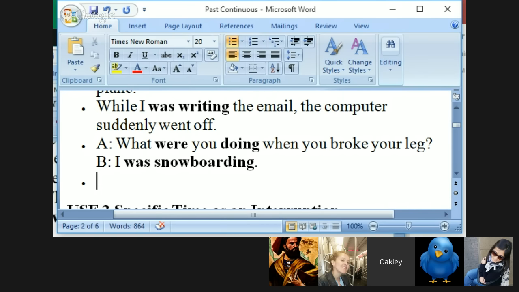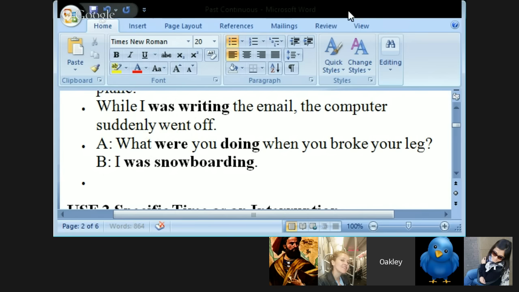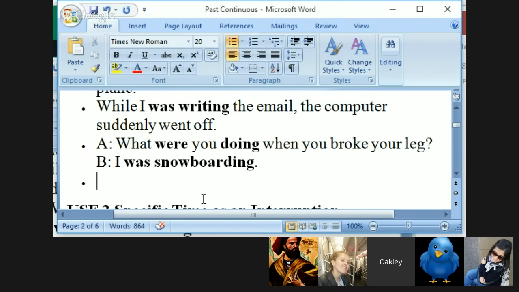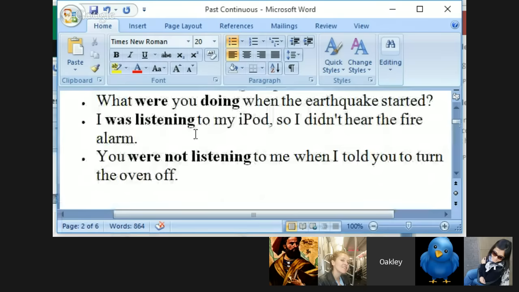Let's try this out. Nader, at your will, go ahead and create a sentence in the chat box if you would like to, and I'll get to it when I get to it. Rebecca, let me talk to you for a second. Can you try this out? Try making a sentence.